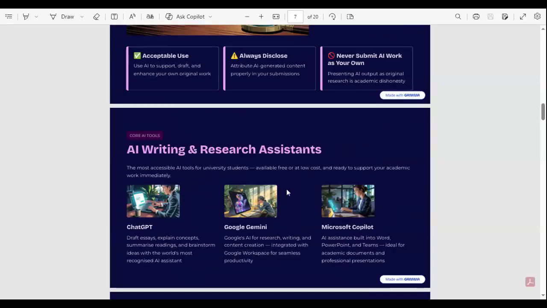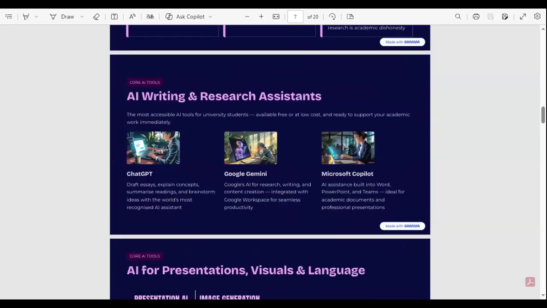And Gemini, Copilot. Also, we have Grok. Also, we have Claude. Also, we have too many others that are created for giving precise information about different existing topics. Okay.